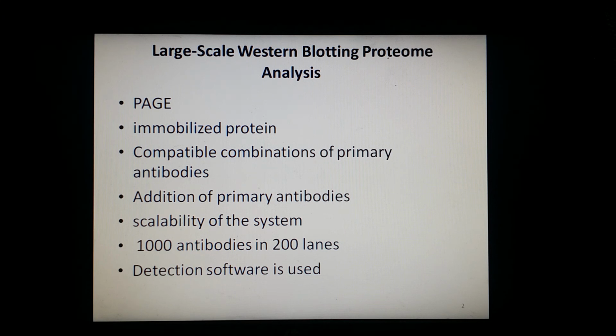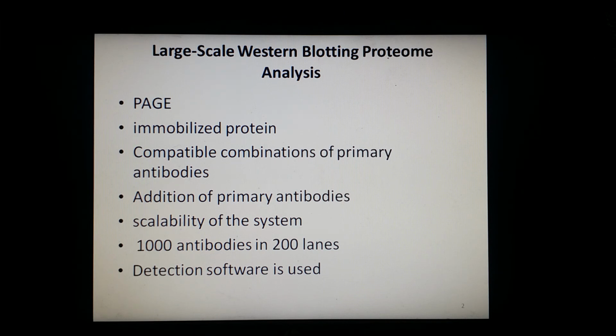Different combinations of primary antibodies are added to each well, with appropriate dilution of each primary antibody, so that the expressed proteins are detected in a single condition. The scalability of the system basically depends on defining suitable combinations of primary antibodies, with up to 1000 antibodies in 200 lanes.